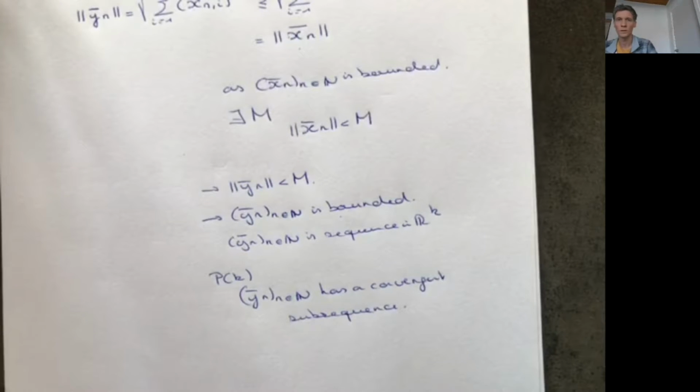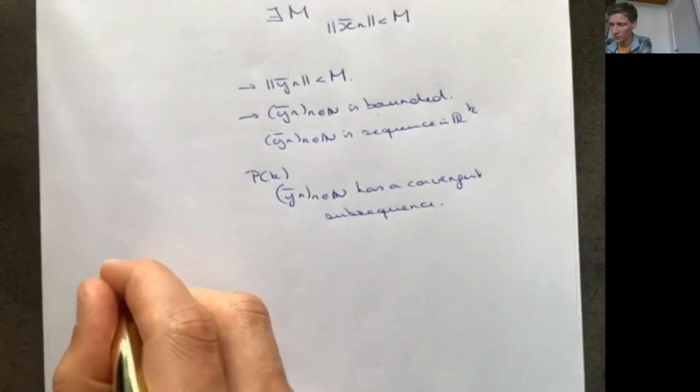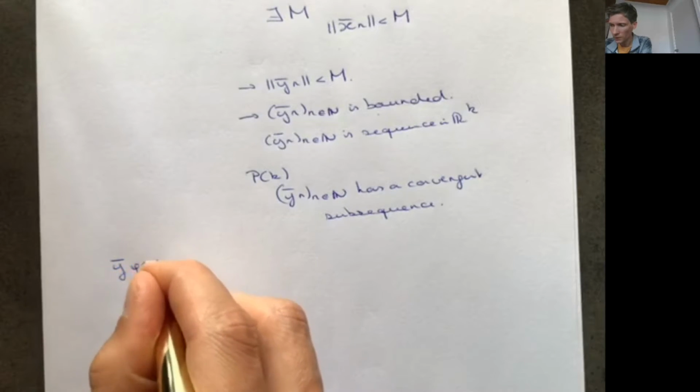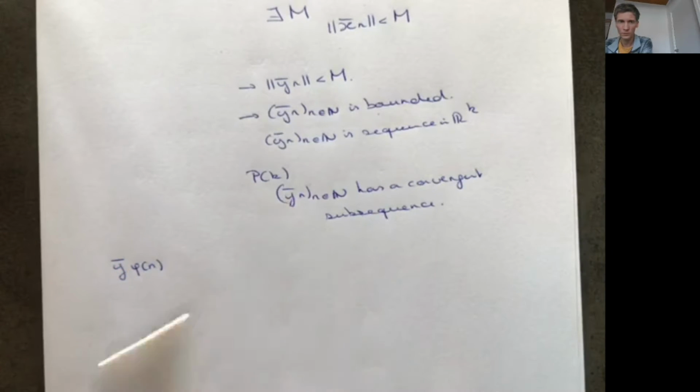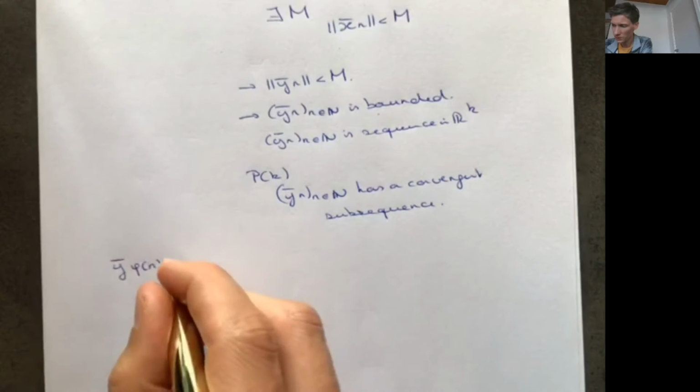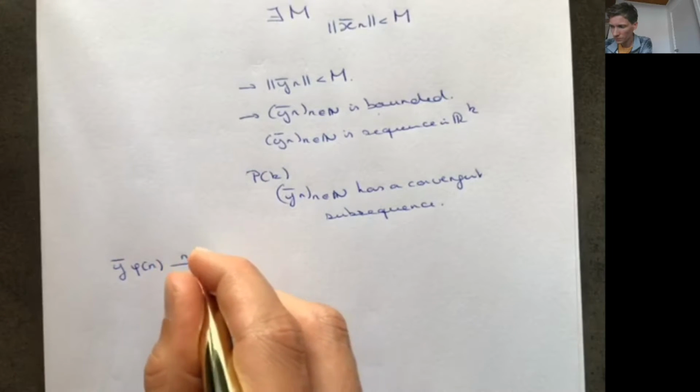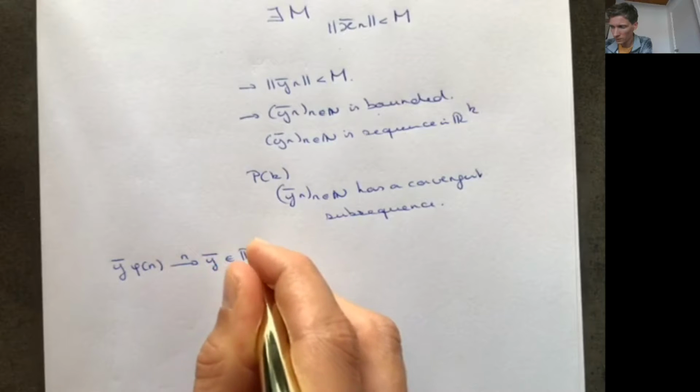So far so good. So it has a convergent subsequence, let's say y_{phi(n)}, which is now a subsequence of this sequence of vectors, converges to some y in R^k.